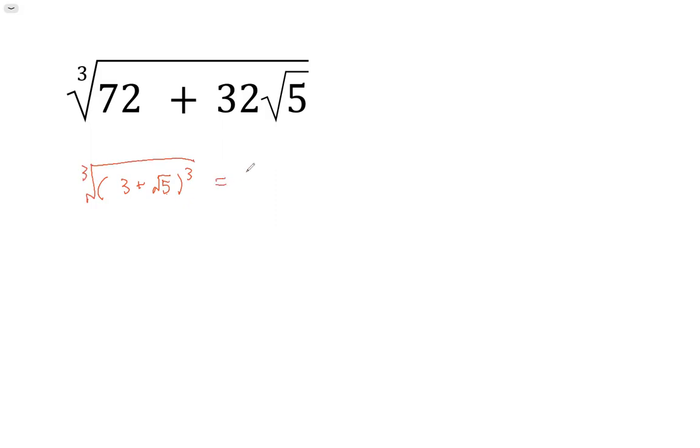Remember, for rational exponents, we can write this as the power being the numerator and the index being the denominator. So 3 divided by 3 equals 1. Then 3 plus radical 5 raised to the first power is just 3 plus radical 5. So that's the simplified version of this. I hope this makes sense.